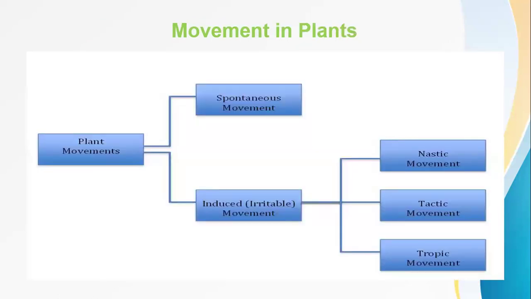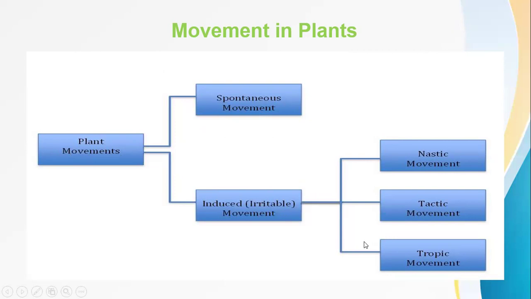But first, you have to see this table that shows the movement in plants. As you can see here, there's plant movements. As we said, there are two main types, the spontaneous movement and the induced movements. So talking more about the induced or irritable movements, there are nastic movement, tactic movement, and tropic movements.